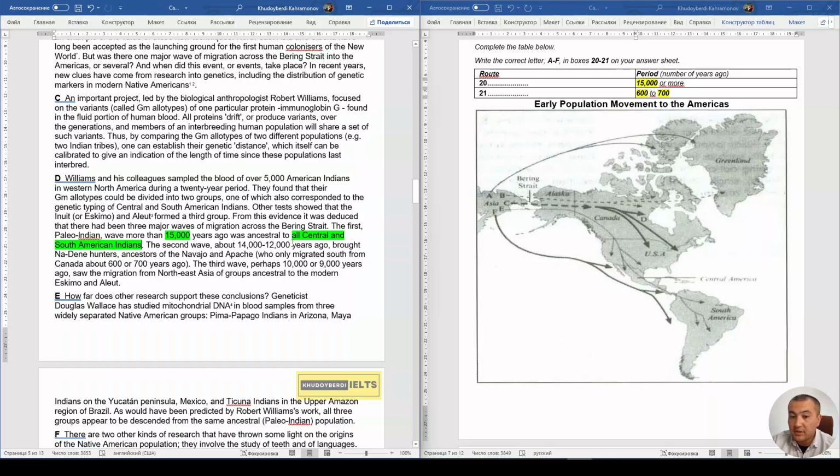We have the word 15,000 in Central and South American Indians, and this indicator just comes here, South America. It's written like E. So the answer should be E.